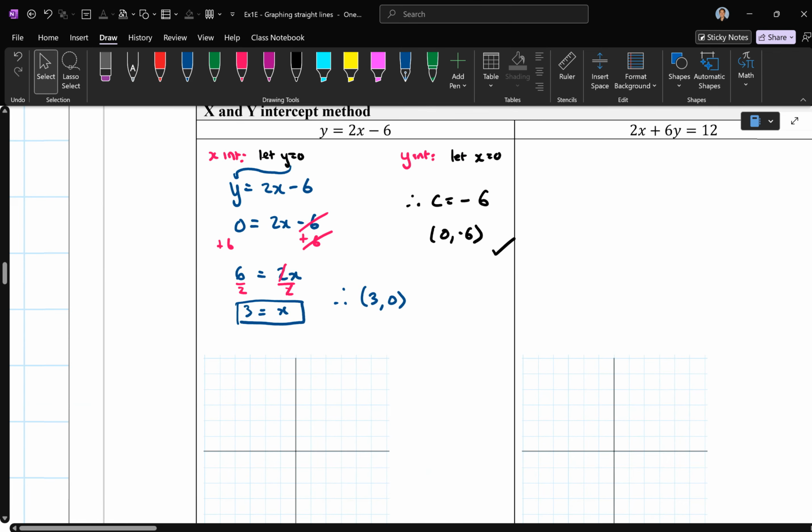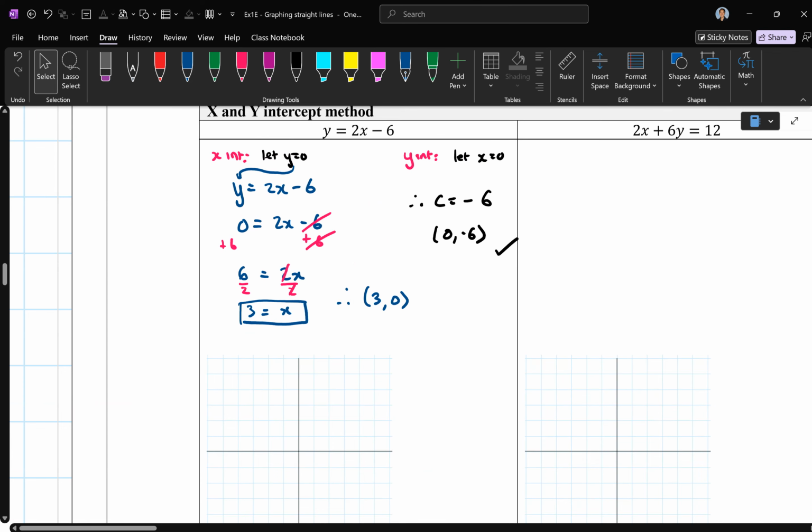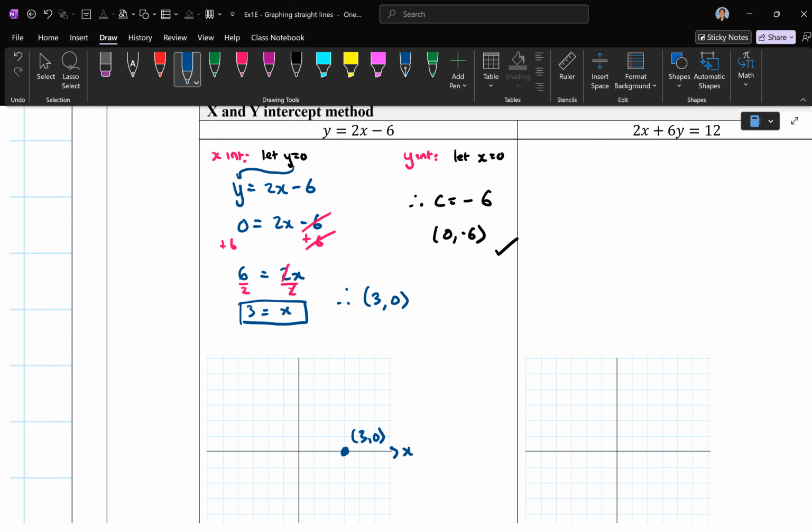And that's it. Plot the 2 points. 3, 0 over here. That's your x-intercept. Make sure to label the coordinates. At the senior level, if you don't label in coordinates, you lose marks because the questions are always saying label your axis intercepts in coordinates. So if you don't do that, you'll lose a mark. And then your last one is 0, negative 6.